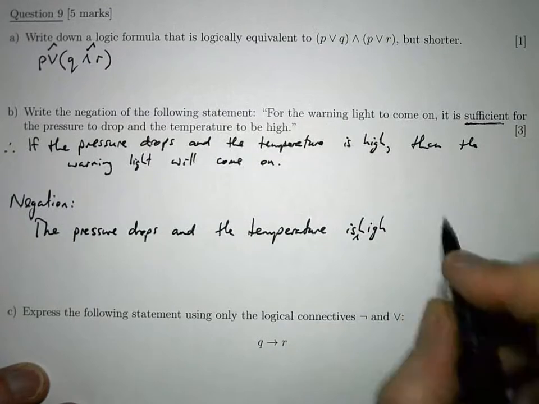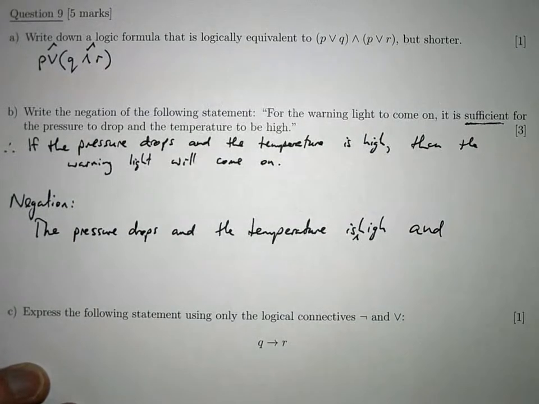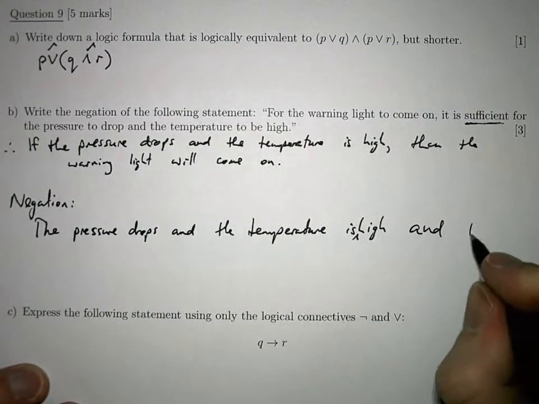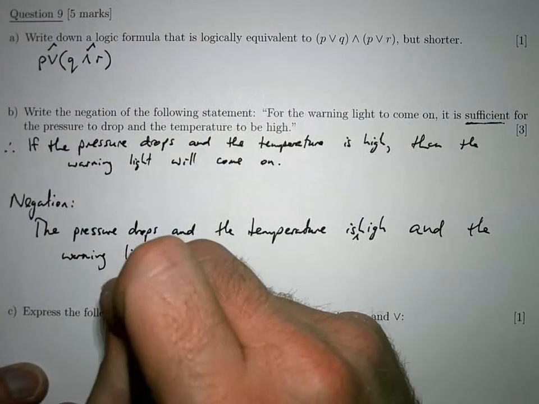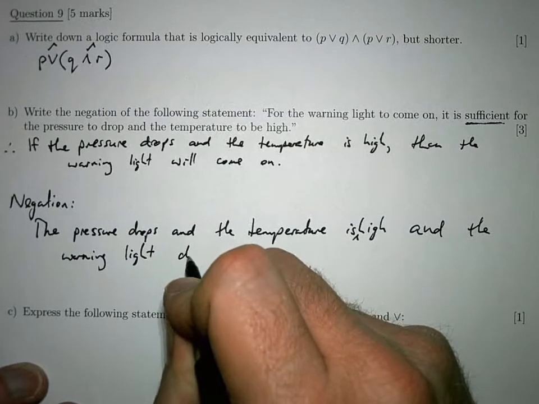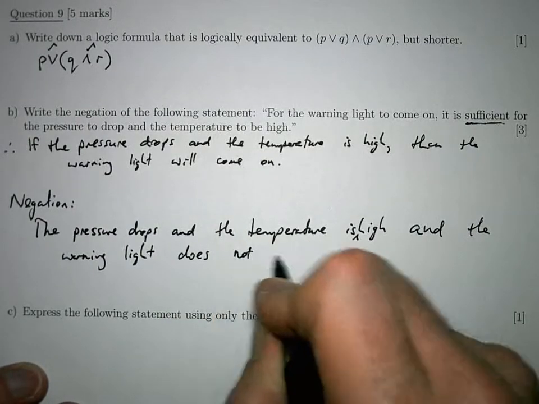And not B, so the warning light does not come on.